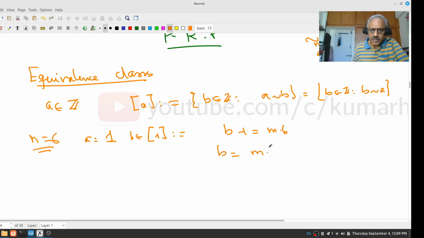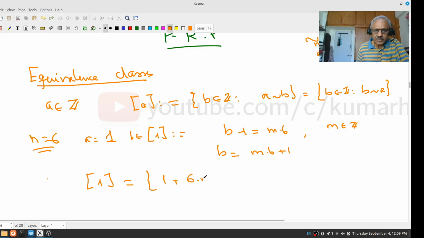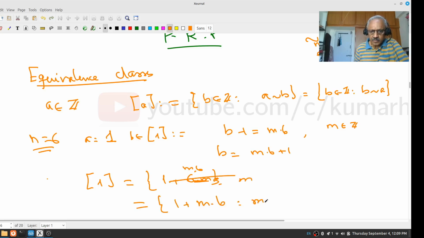B must be M times 6 plus 1. What is M? M is any integer. Right? Therefore, this is exactly all 1 plus M times 6, all multiples where M varies over the integers. Let me rewrite: 1 plus M times 6 where M varies over integers.